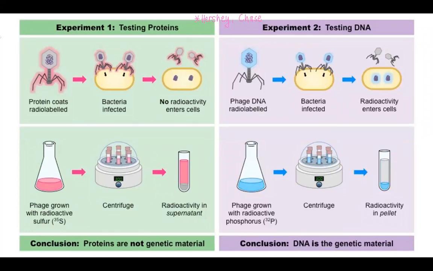They used radioactive phosphorus to label the DNA molecules because your DNA molecules contain phosphorus, right, in the phosphate sugar backbone.